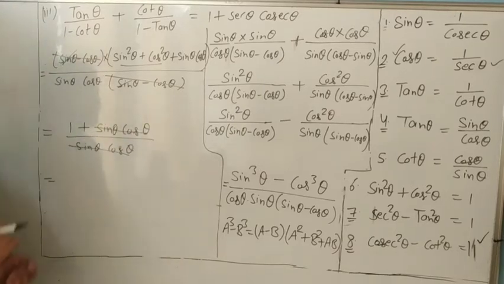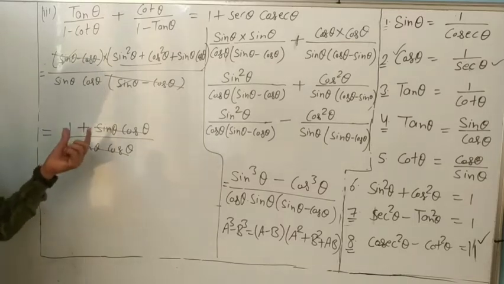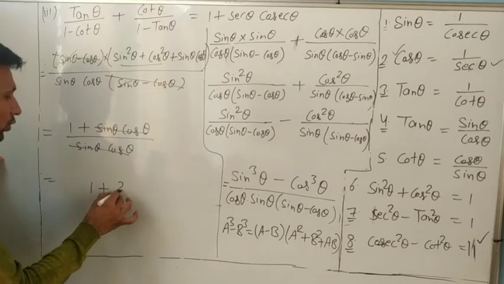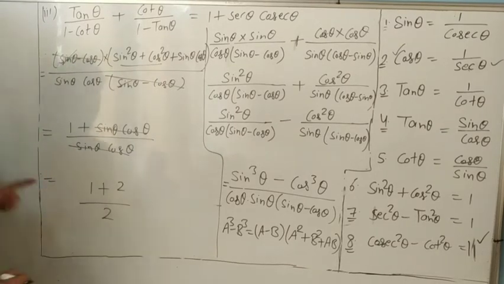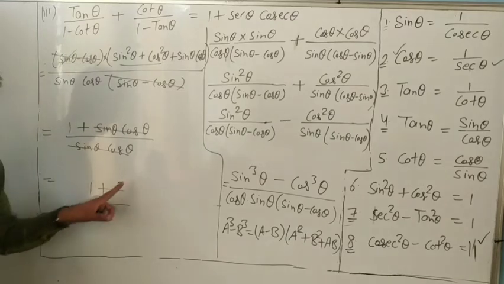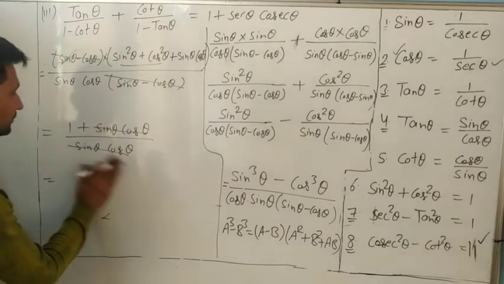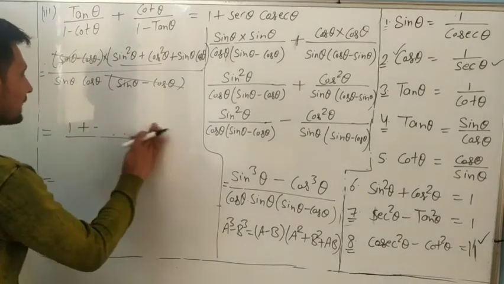No, dear. There is a plus in the middle. Only in multiplication can we cut. Because 1 plus 2 divided by 2 means 1 is divided by 2 and 2 also divided by 2. Same as it is here. 1 is also divided by sin and cos.